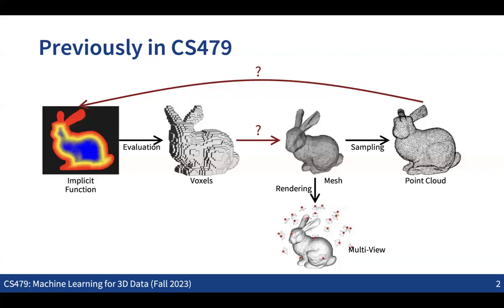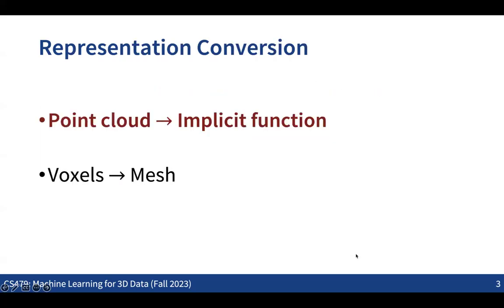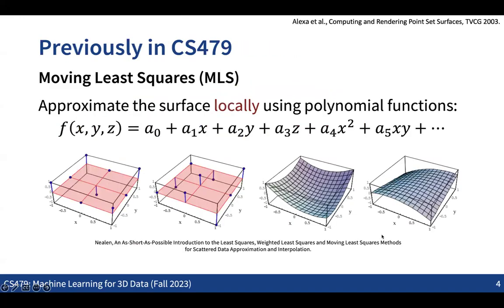So we are discussing some techniques for how we can build these missing bridges. What we started discussing last time was the conversion from the point cloud into the implicit function. We discussed a bunch of ideas for that. The simplest idea was fitting a polynomial function.